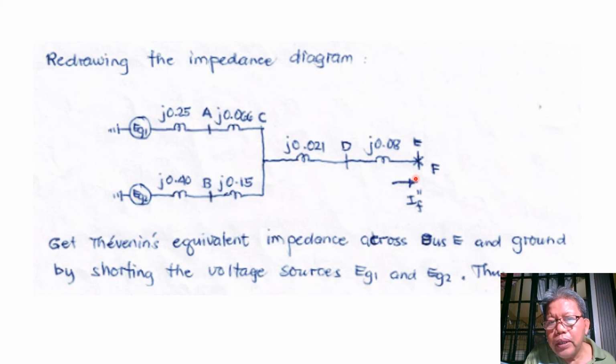So we now get the total impedance of the network between F and the reference ground. By Thevenin's theorem, we have to short the voltage sources here and combine the impedances. So take note that these two are in series, and these two are in series, these two are in series.